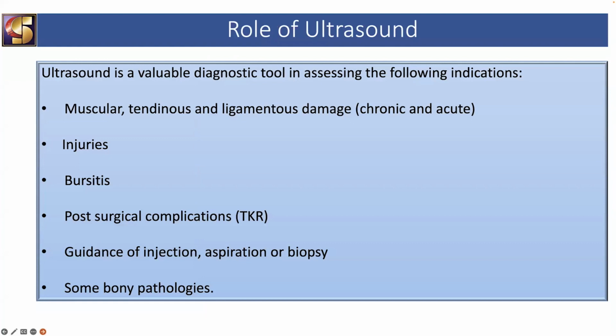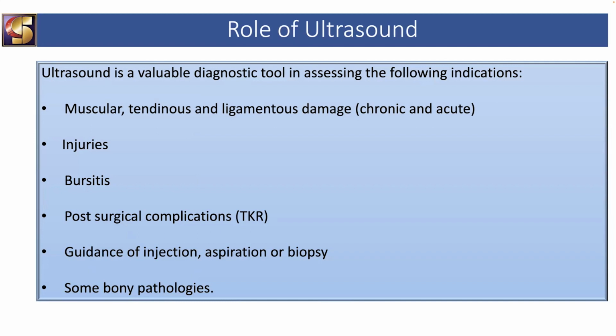So what is the role of ultrasound? Ultrasound is a valuable diagnostic tool in assessing the following indications. We can see muscle, tendon, and ligamentous damage, which can be chronic or acute. We can evaluate injuries, see bursitis and all post-surgical complications of TKR, and it is very useful for localized injection, aspiration, or biopsy.